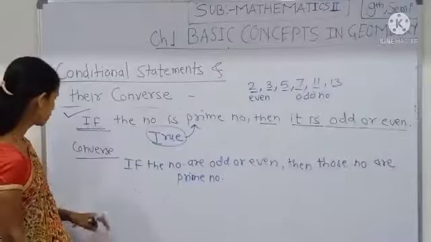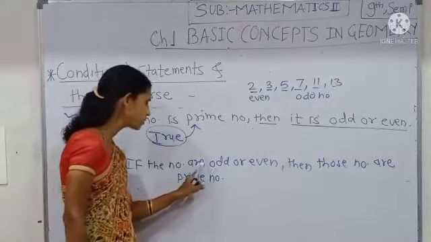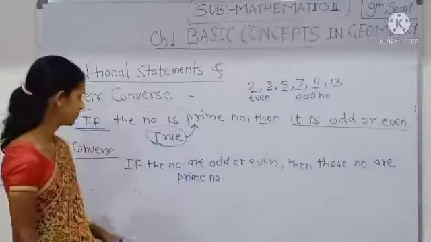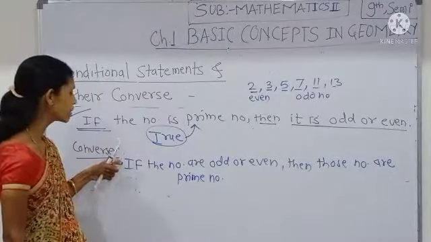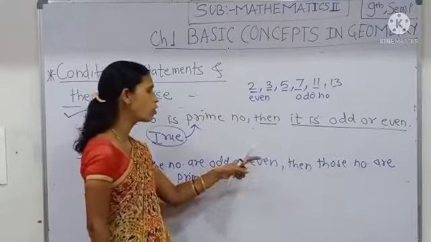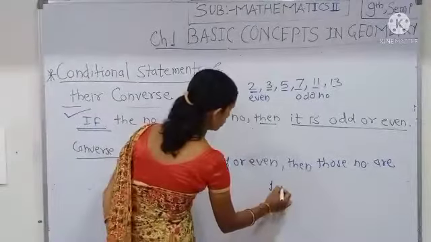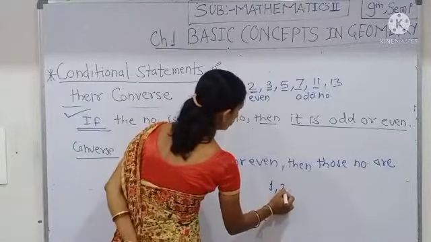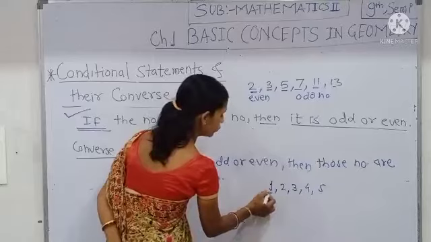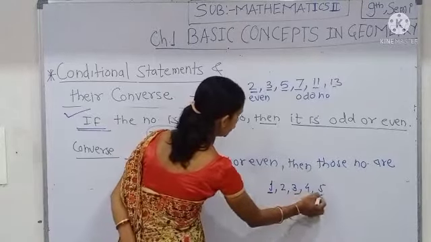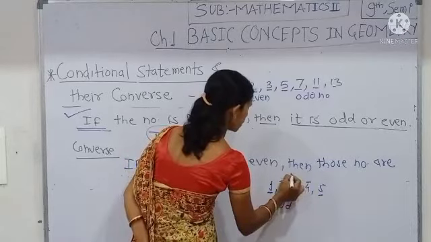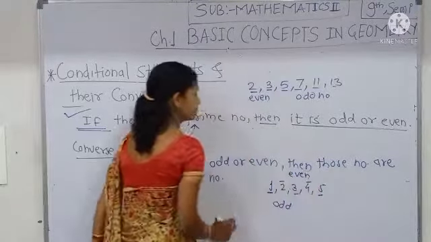But if the numbers are odd or even, as given in the converse, then take 1, 2, 3, 4, 5, in which 1, 3 and 5 are odd numbers and 2, 4 are even numbers.